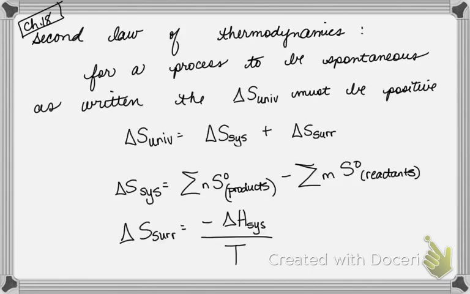But if we note, the second law says that for a process to be spontaneous, the entropy of the universe must be positive. Well, all we've calculated at this point is the entropy of the system.